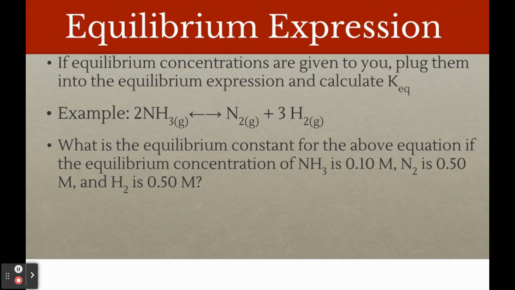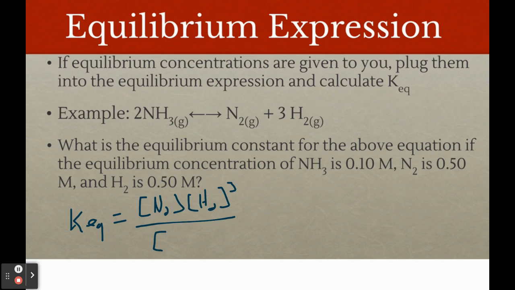So we need to start by writing the equilibrium constant. KEQ is equal to the concentration of N2 times the concentration of H2 raised to the third power, divided by the concentration of NH3 raised to the second power.